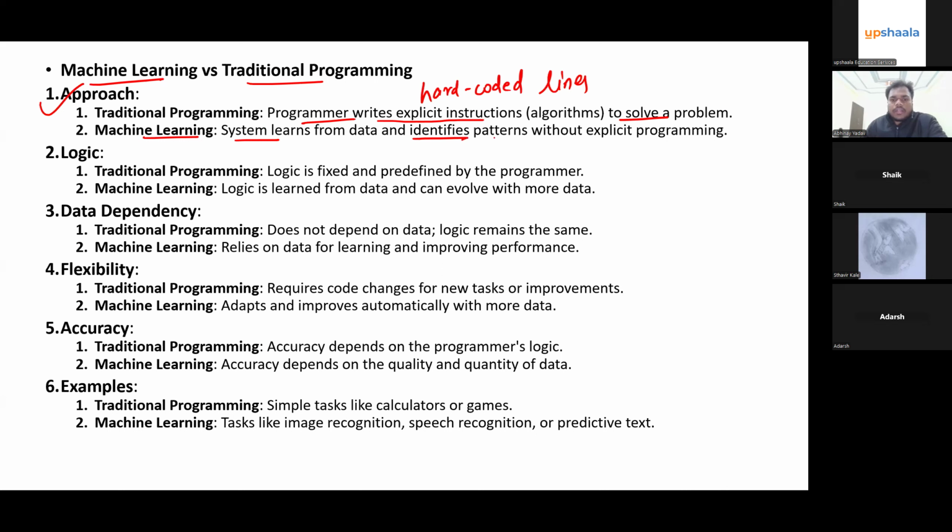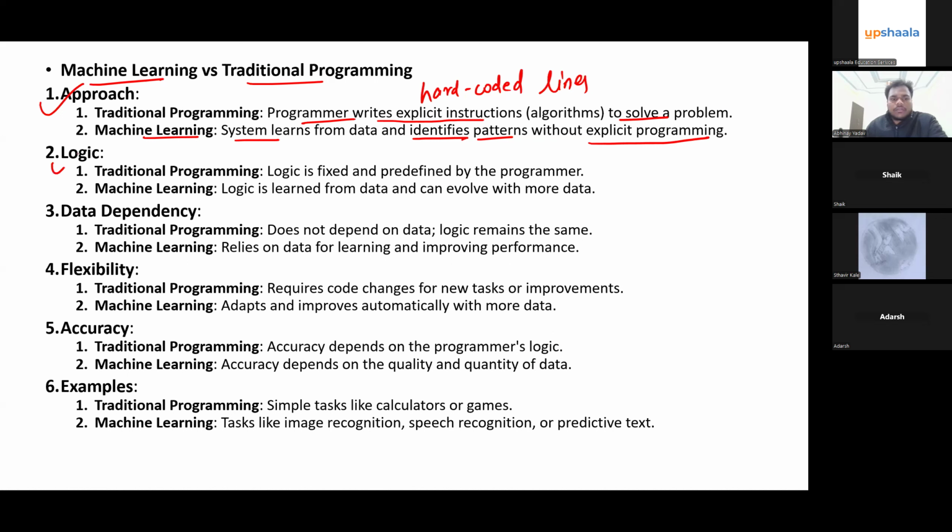That pattern was helpful in summing the two numbers, the three numbers or the four numbers, and in detecting whether our mail is spam or not, without being explicitly programmed. So this is the approach by which we differentiate between traditional programming and machine learning.